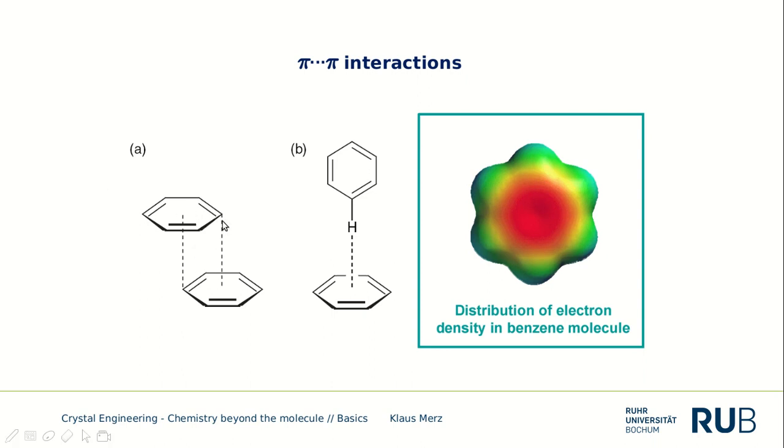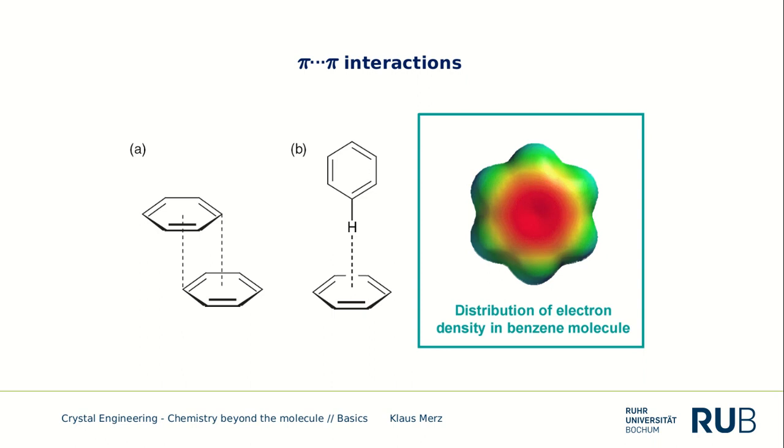The reason is that you have different partial charges in the system: positive partial charge on the hydrogen atoms and negative charge on the ring. This leads to this slightly shifted face-to-face orientation. The second type is edge-to-face, or you can also say T-shape.